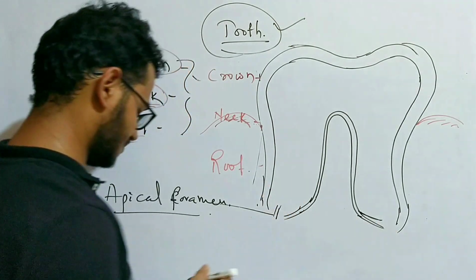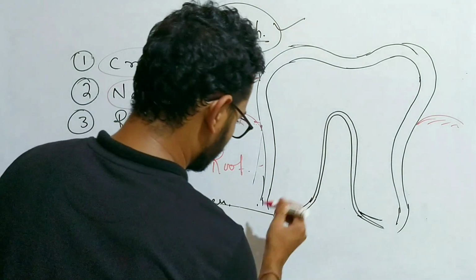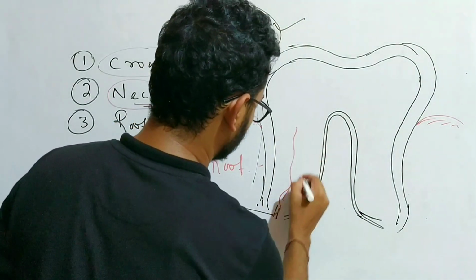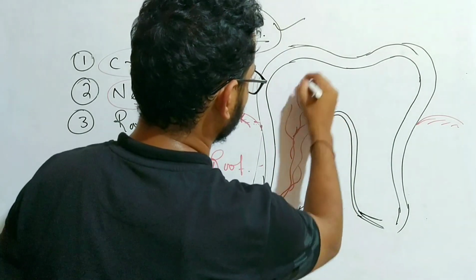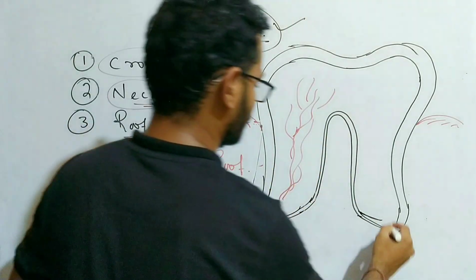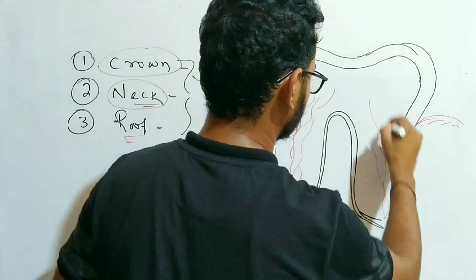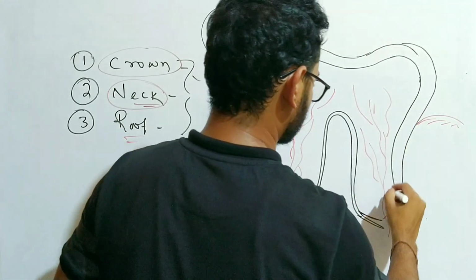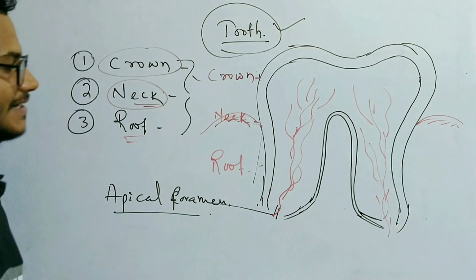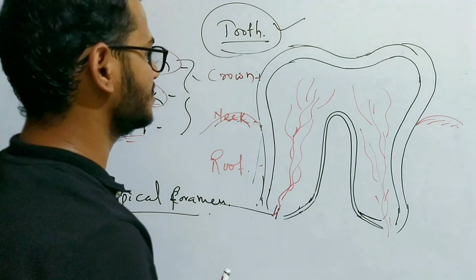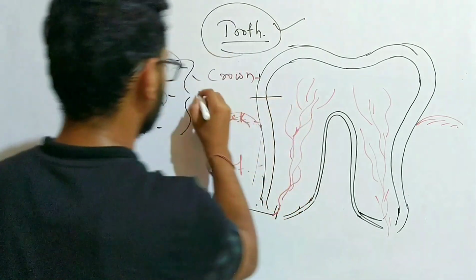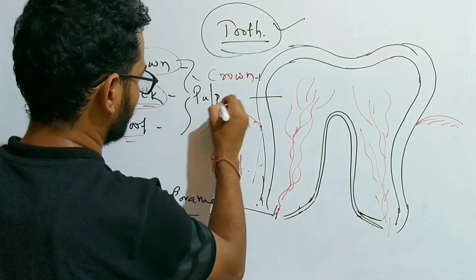Through this pore, the blood vessels and the nerve vessels enter into the cavity, which is known as the pulp cavity. So the blood and nerve supply enter into the tooth through the apical foramen to a cavity known as the pulp cavity.